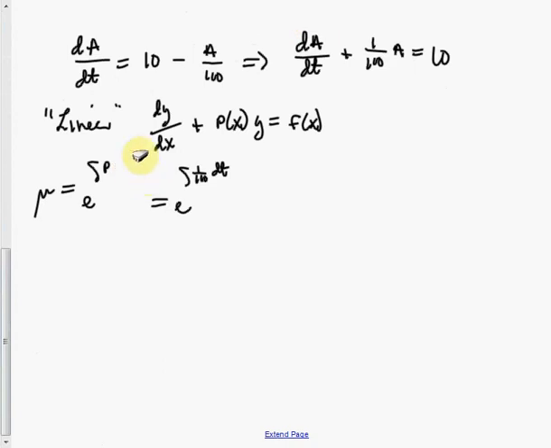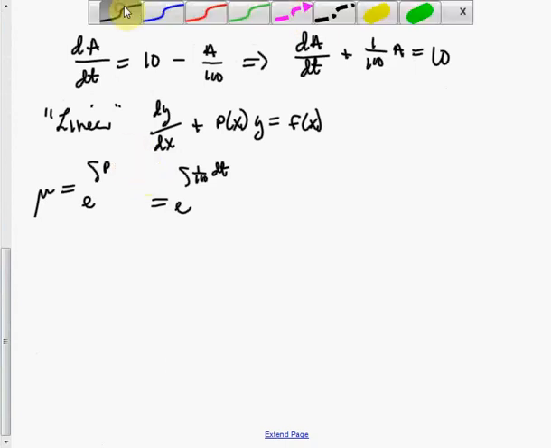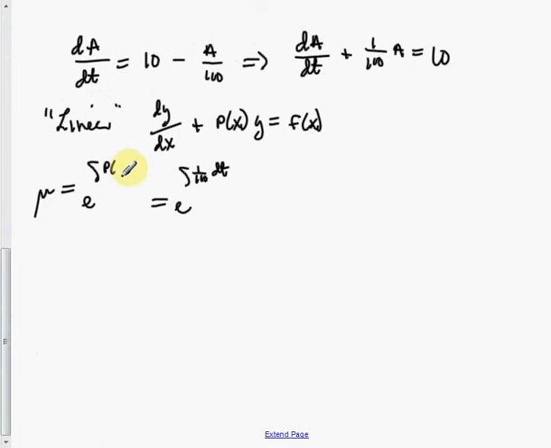We got t's and a's now, right? So it's P of t dt. So we integrate this guy. Let u equal to 1 over 100.